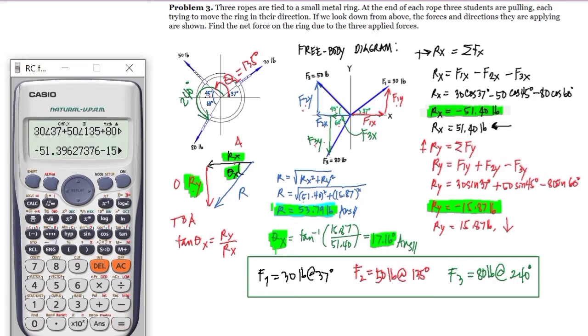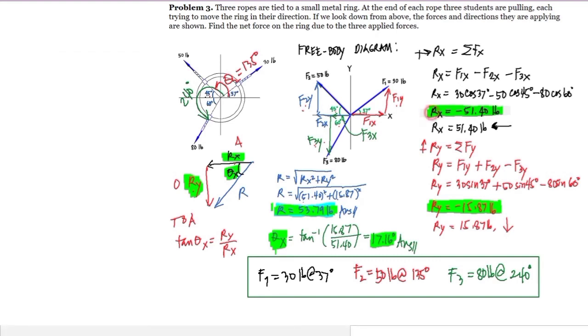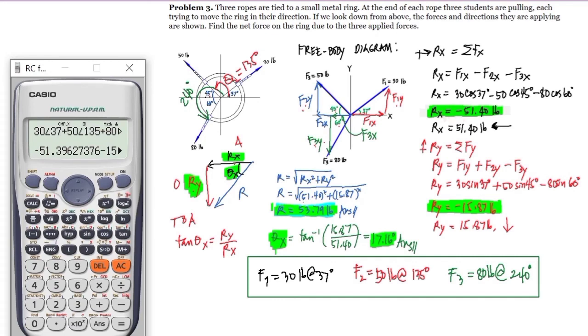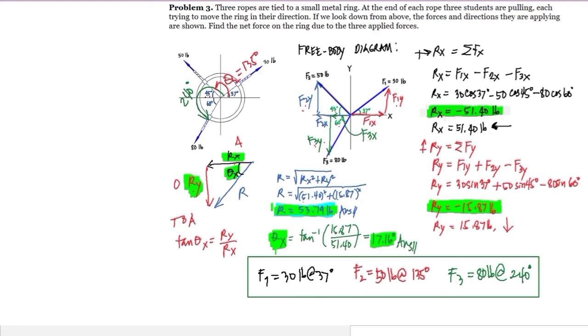And we have here negative 51.4 pounds. That negative 51.4 is your resultant in x direction, or Rx. And this negative 15.87 here is your resultant in y direction.